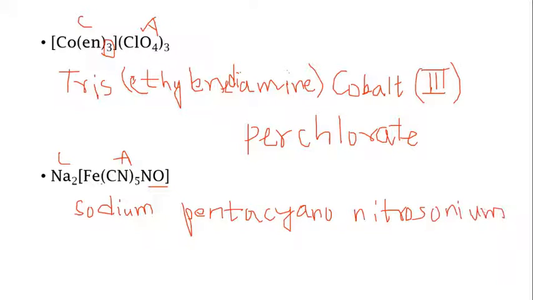And the metal present is in its anionic form. That's why it is ferrate. Iron in its Latin name is ferrate. It ended with ate because it is in anionic form. Then find out the oxidation state of iron. It is +2. So that you write in the braces. So the total complete name of this particular complex is sodium pentacyano nitrosonium ferrate(II).